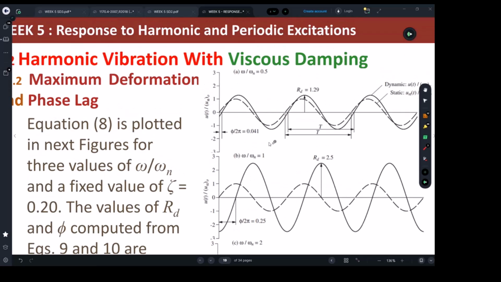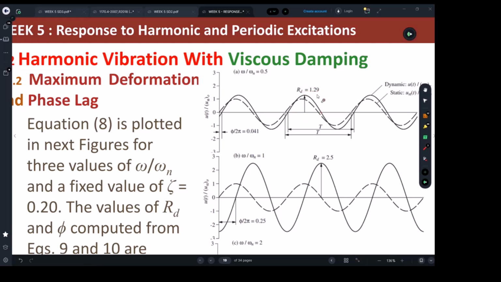Now, so that's if we have resonance. If your forcing frequency is the same as the natural frequency, you're going to have quite a large displacement response factor. If your forcing frequency is half of the natural frequency, then you can see we do still have some increase.